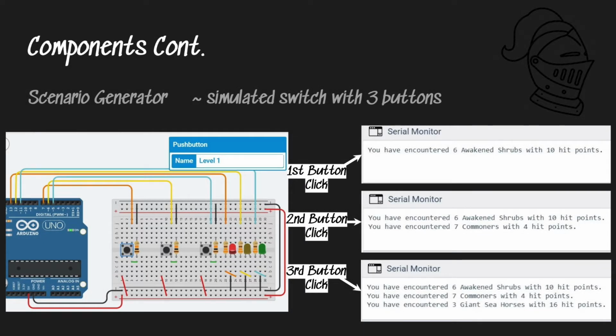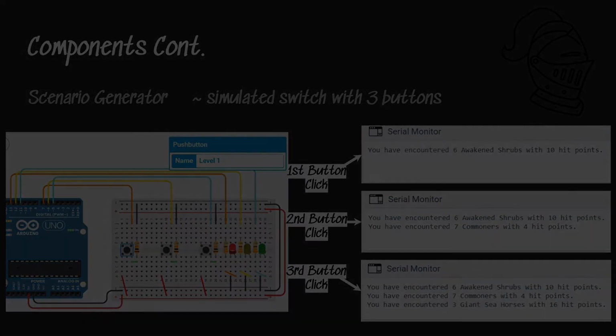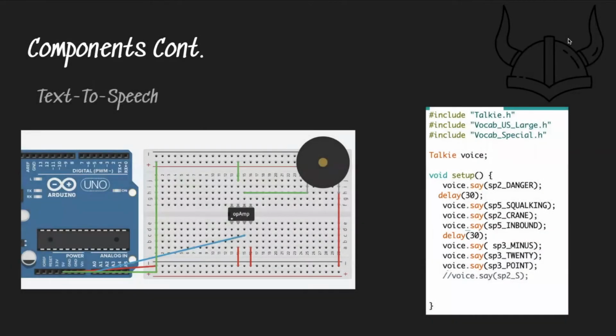For the scenario generator, we created a Tinkercad circuit where each button represents a different level. As you can see, after 3 clicks, the wild characters randomize, as well as the number of characters. Here are our text-to-speech components. Here is a simple Arduino design for an audio amplifier and a speaker on the left.